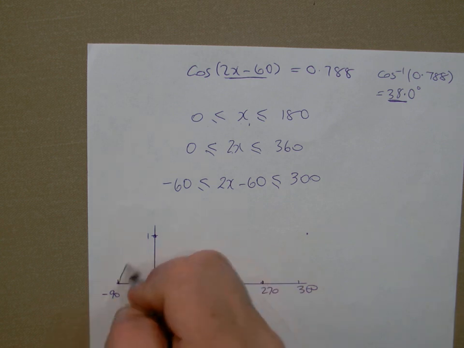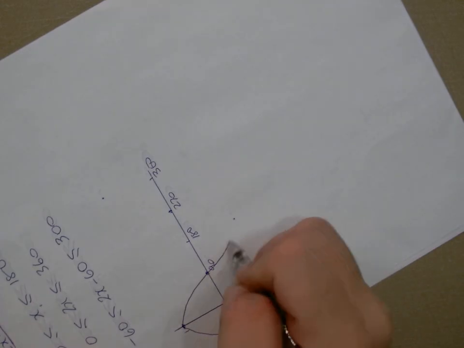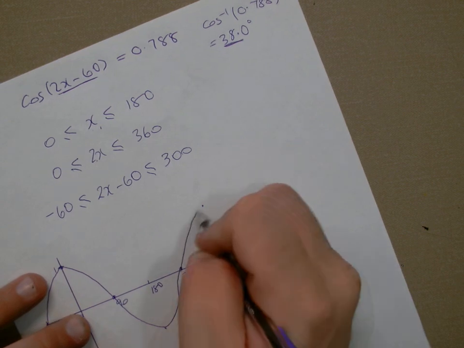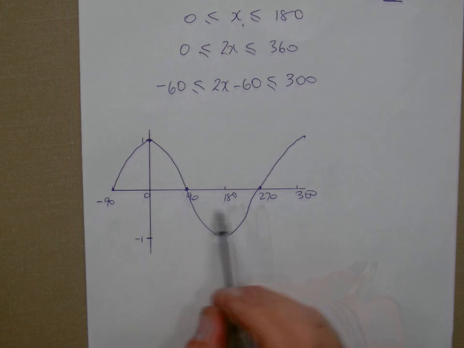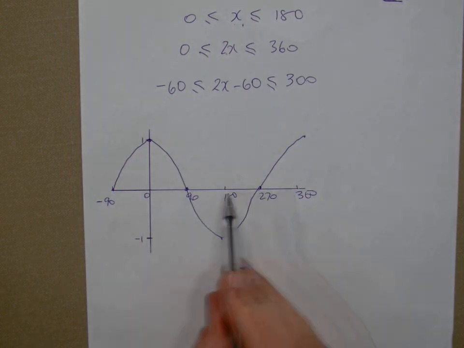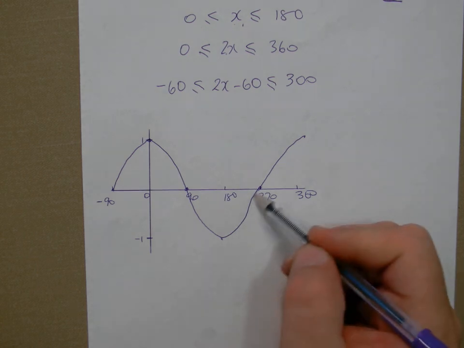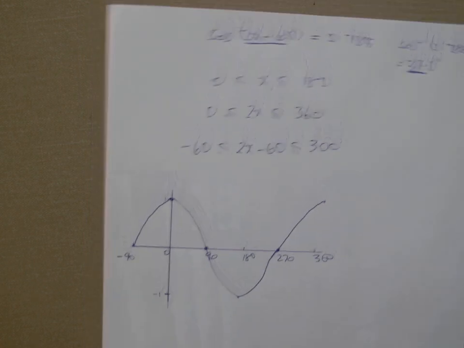So when I draw this, if your curve isn't perfect, it doesn't matter so long as you set out a nice scale with an equal scale. The idea is you draw a graph just to get all those solutions.